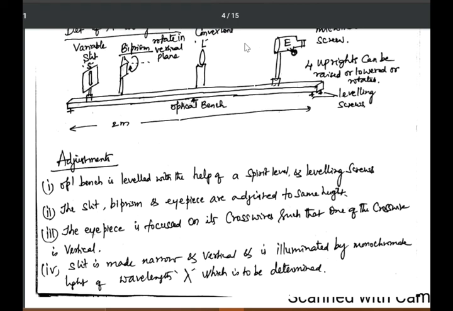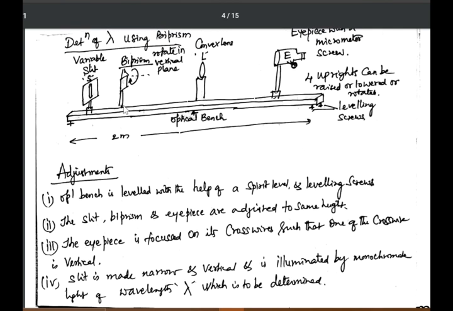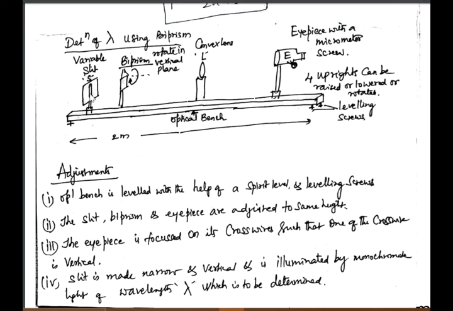So this is the arrangement using biprism. You need an optical bench and 4 mounts are required. In the first mount, you will have a narrow slit whose width can be adjusted by a screw that is not shown in the figure. The slit is vertical and the slit width can be made as narrow as possible by using the adjusting screw. In the second mount, you have a biprism mounted such that its refracting edge is vertical and it is facing the narrow slit.